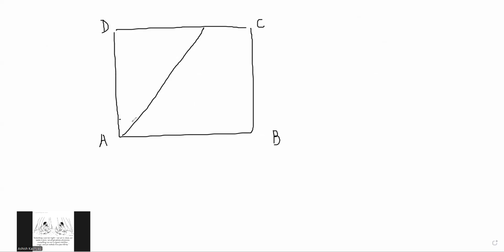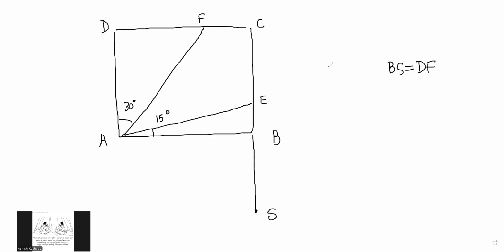This is the situation. This angle is 30 degrees and this angle was 15 degrees. And this point was E and this point was F. What I'm going to do is extend this side to such a length that this point S, BS is equal to DF. This is by construction.